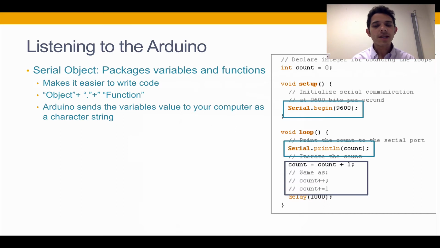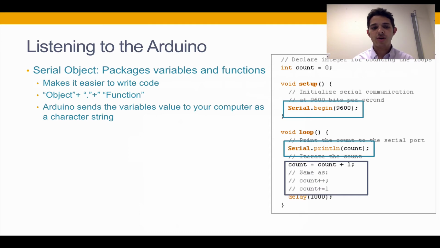Okay, let's talk about writing software to do serial communication. The first thing we'll do is import this object called the serial object. What is the serial object? It's a package of both variables and functions that makes it easier to write code that uses serial communication. Easier in the sense that you do not need to use the lower level commands to access the serial communication channels.